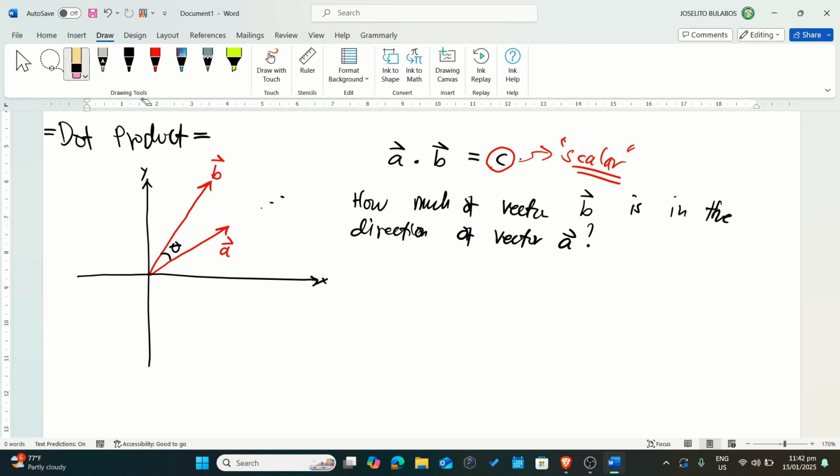So our task is to find how much of vector B is along the direction of vector A.